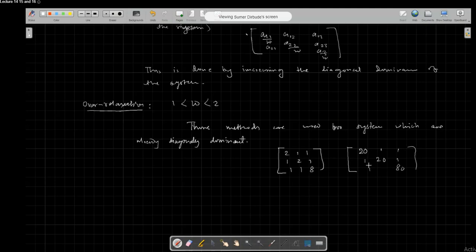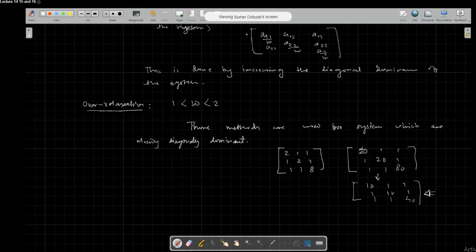If I divide this by 2, my next system will be 10, 1, 1, 1, 10, 1, 1, 1, 40. Still this system is diagonally dominant, but the diagonal elements are not very large.